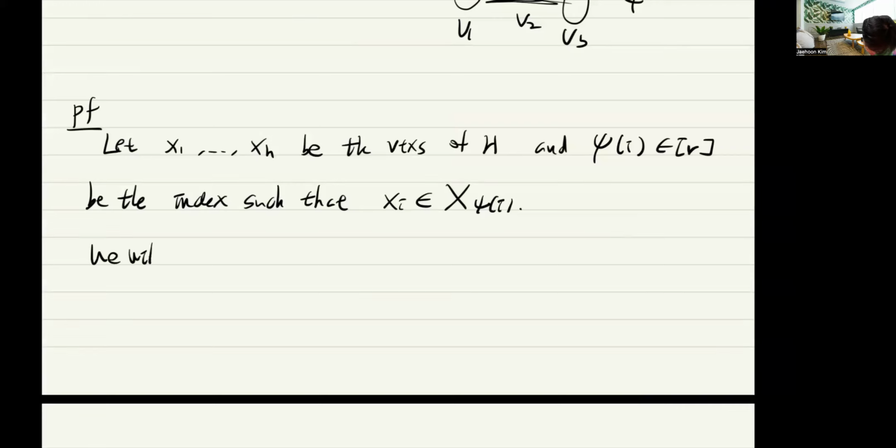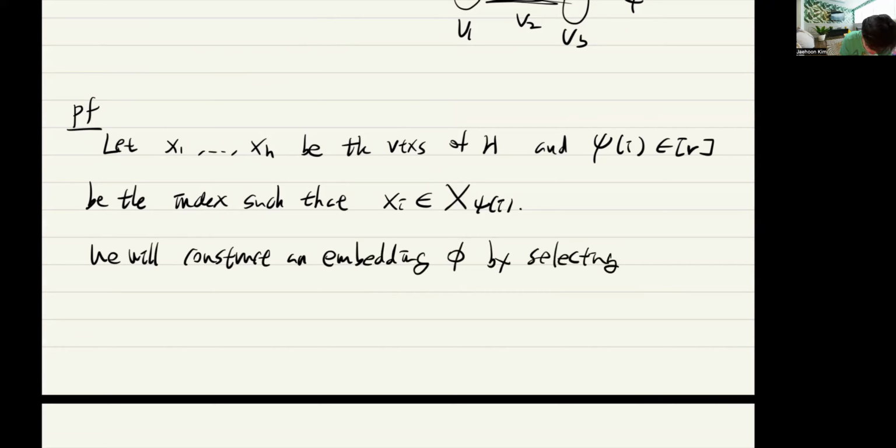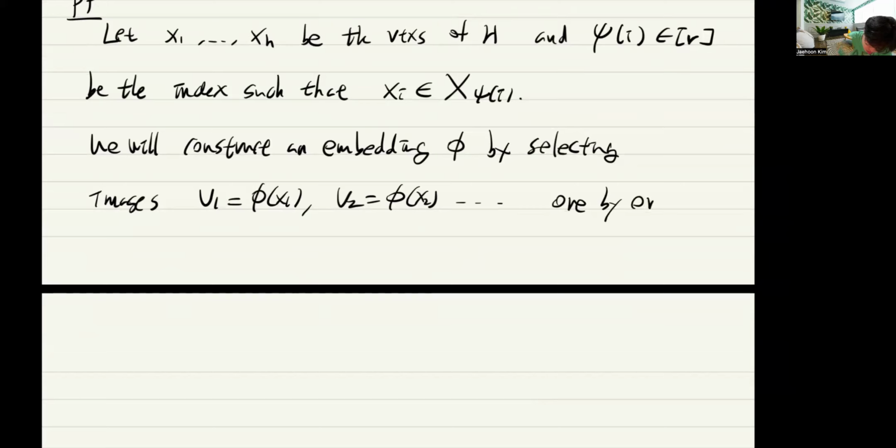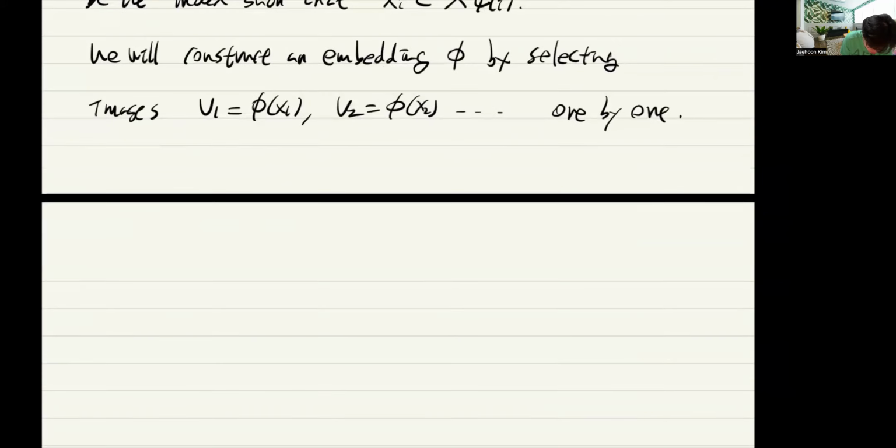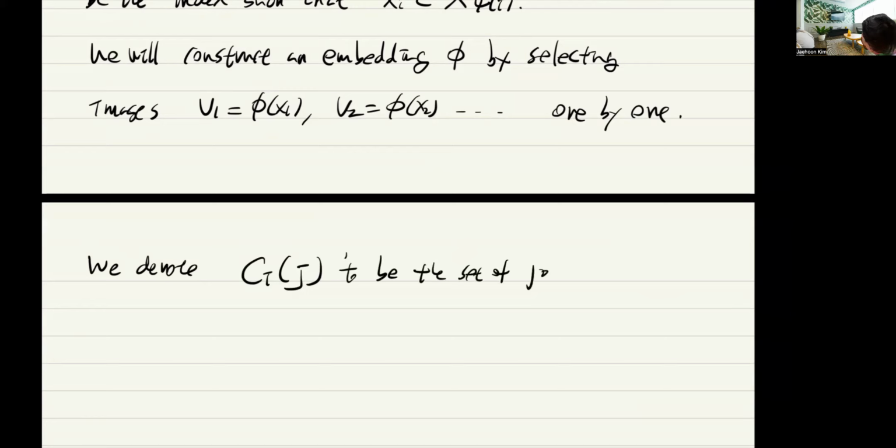So as I mentioned, we will construct an embedding pi by selecting its images, B1, which is the image of x1, B2, which is the image of x2, etc., one by one. And let's say we denote capital C sub i of j to be the set of all possible candidates.